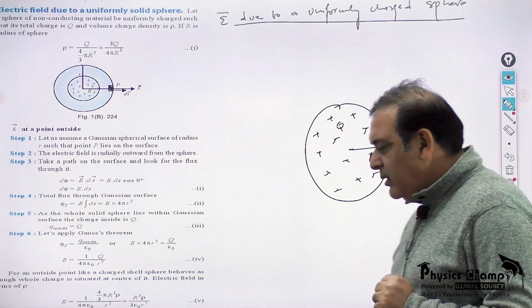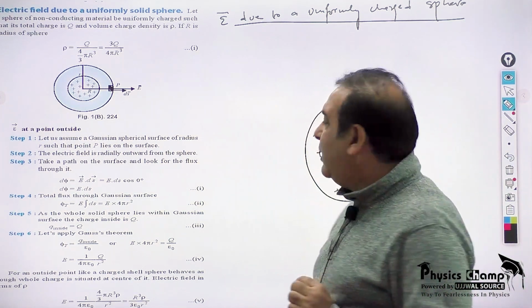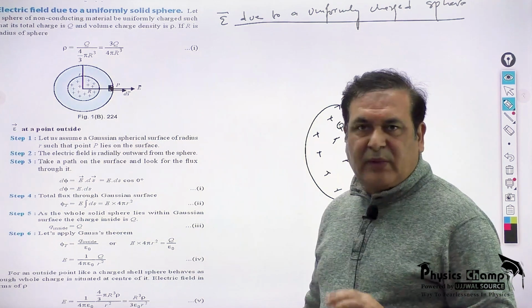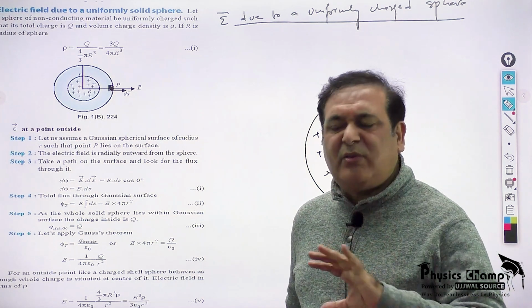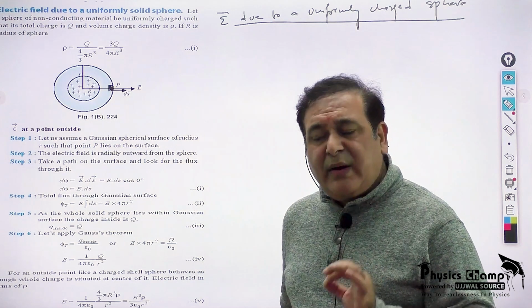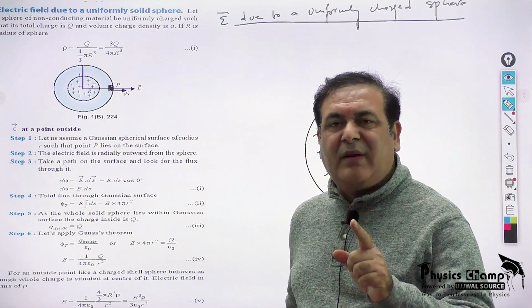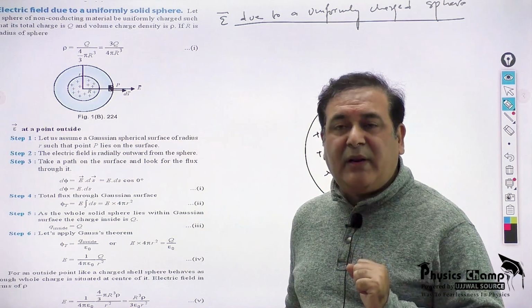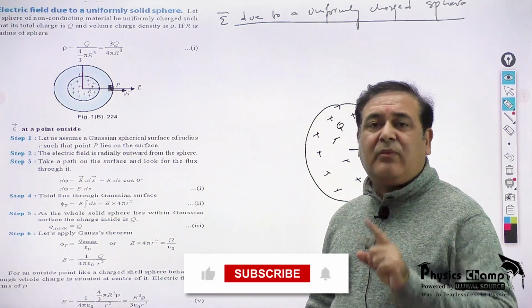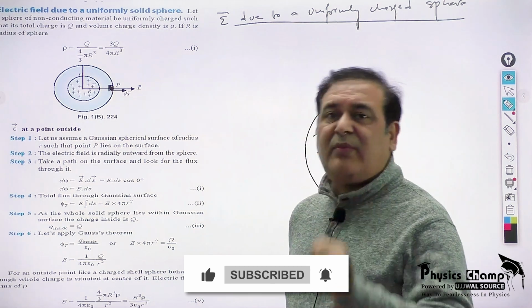But then, if I think about whether this sphere, which has a uniform charge distributed within this whole volume, would be a conducting material or an insulating material, my answer is it has to be an insulating material, because for a conducting material, the charge will only remain at the surface.